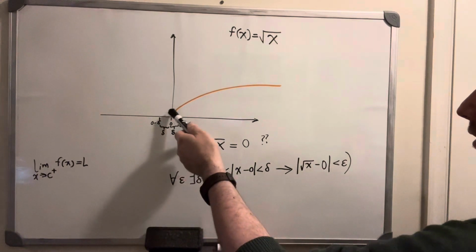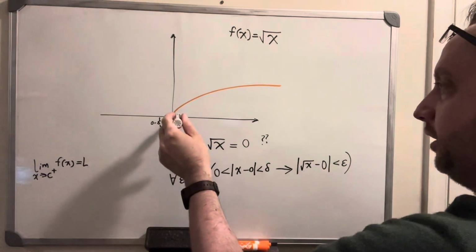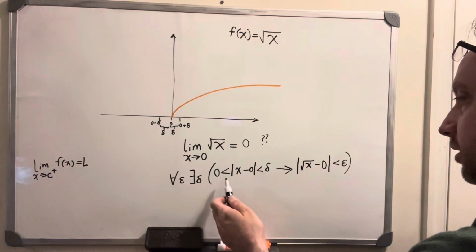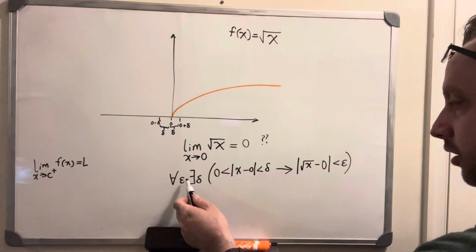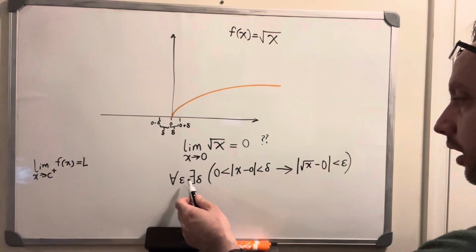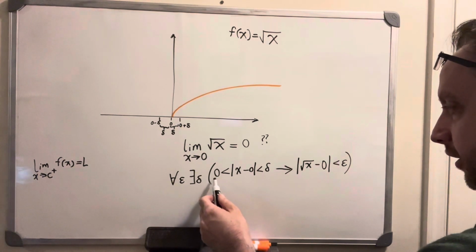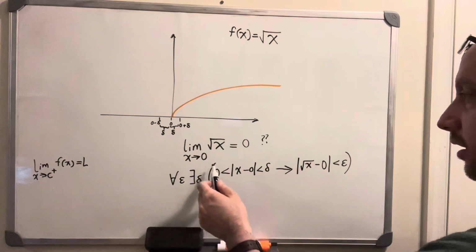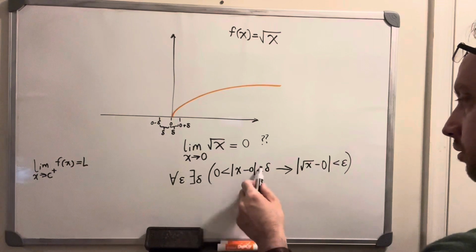Here's the function f of x equals the square root of x. And if we say that, yes, the limit is 0 because it goes down to 0 on this side, but to be strict, the regular definition of the limit says that for all epsilon, where epsilon is a positive value, there is a delta such that the absolute value of the difference between x and, in this case, 0 is greater than 0 and less than delta.